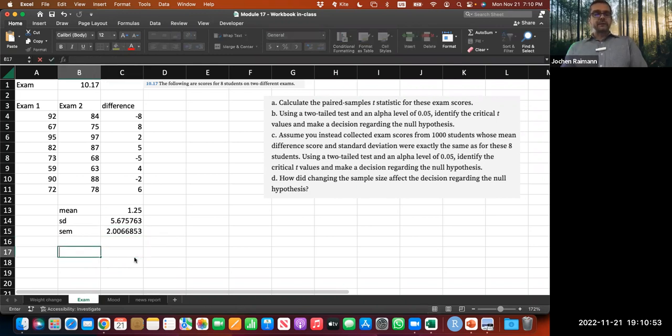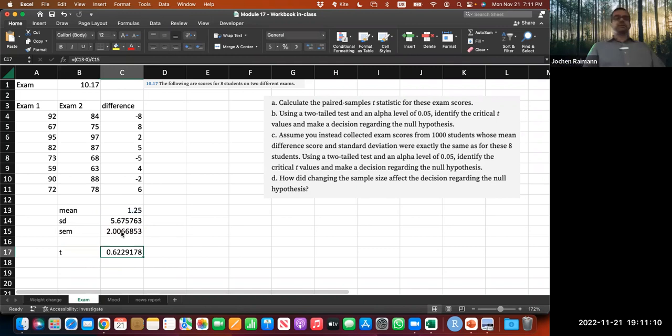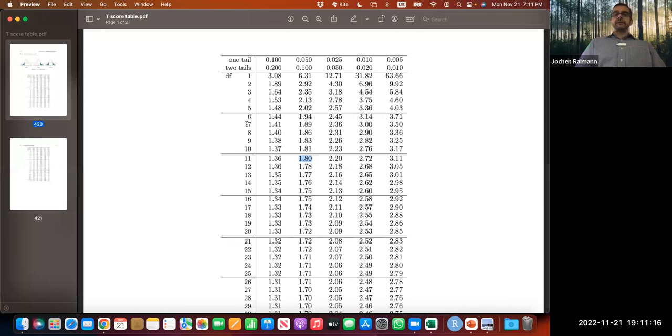We can now quickly calculate a t-score, which is the mean difference minus 0 divided by the standard error of the mean, which gets us to a t-score of 0.62. Now with a sample size of 8 and a corresponding degree of freedom of 7, we're looking at a critical t of 2.36.